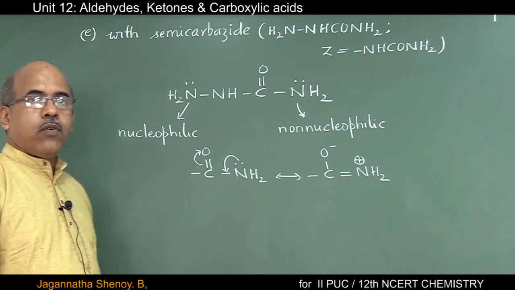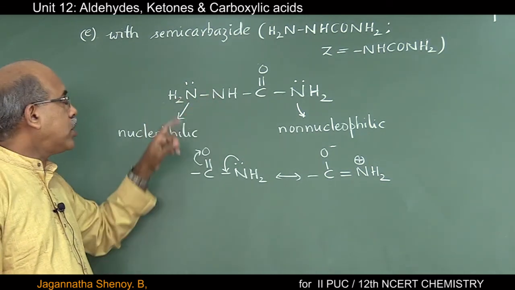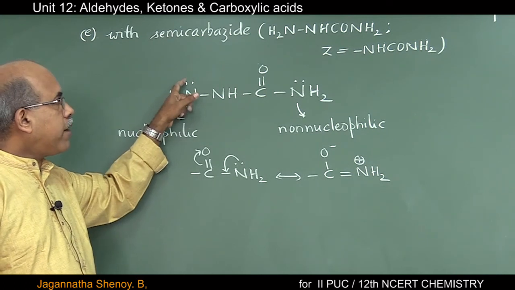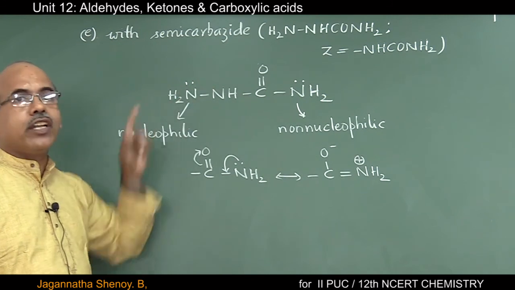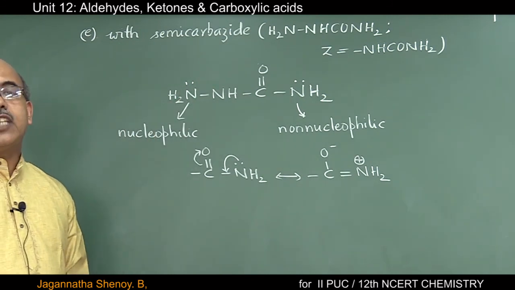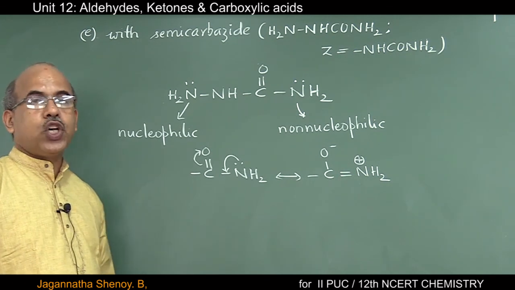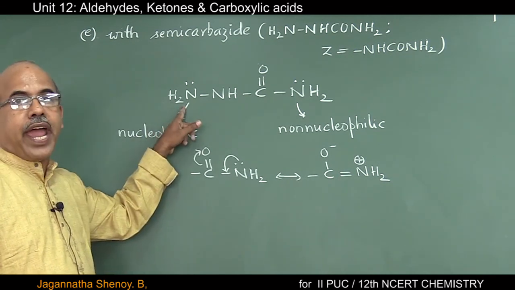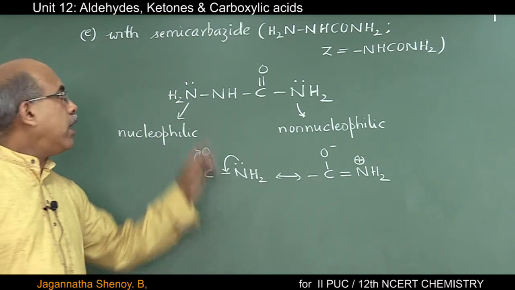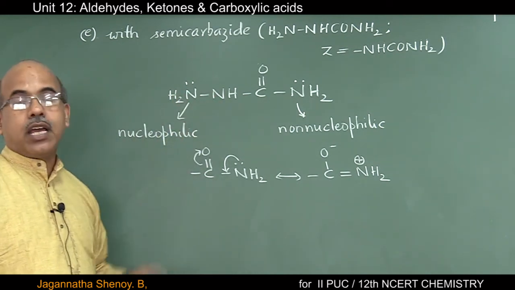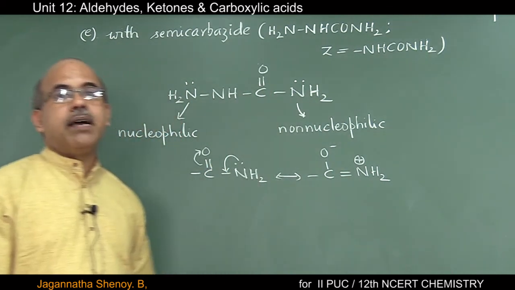That is why when you consider the other NH2 group, which is adjacent to NH, the lone pair of electrons on this NH2 is readily available because it is not involved in conjugation. That's why whenever we write the equation with carbonyl group, we have to ensure that the two hydrogen atoms of that NH2 group should be removed, which is adjacent to NH, and not from NH2 group which is adjacent to C double bond O.